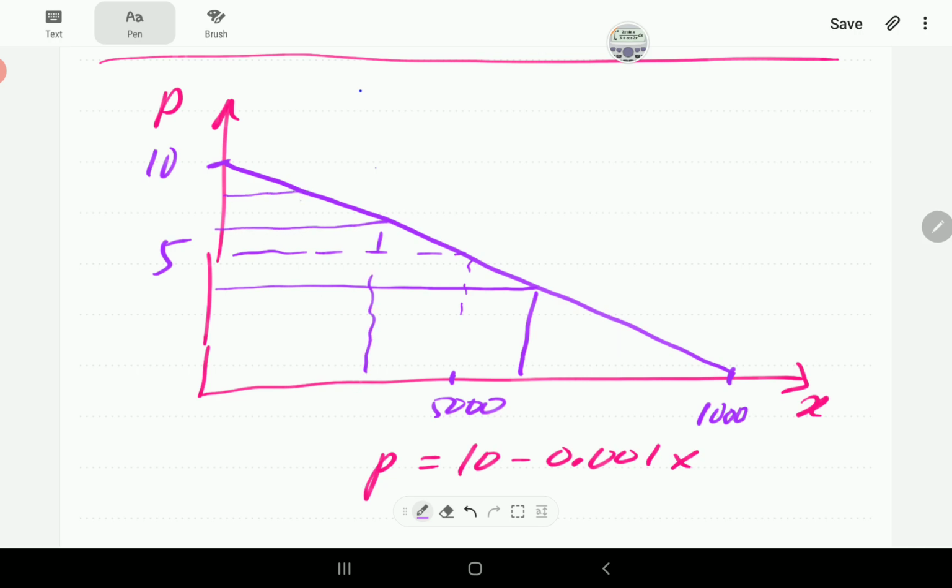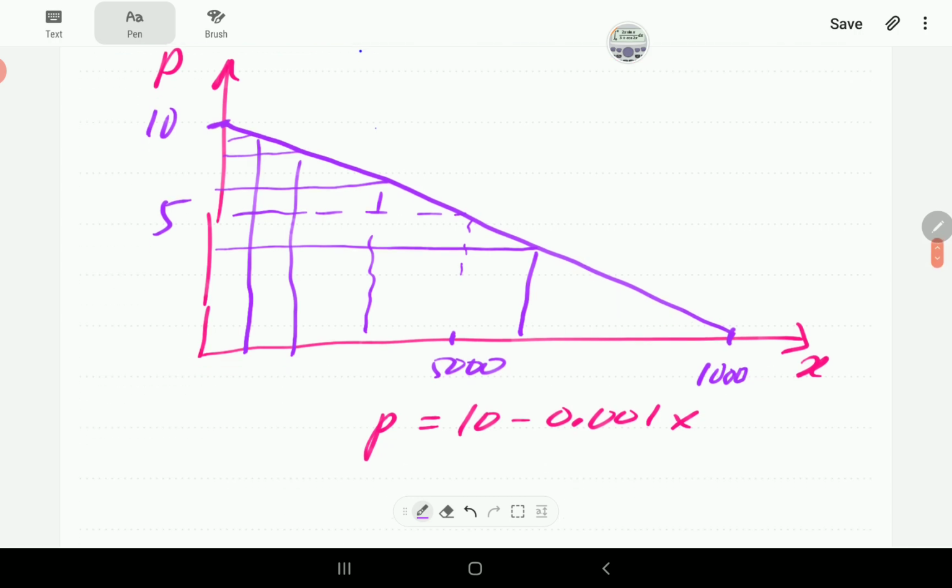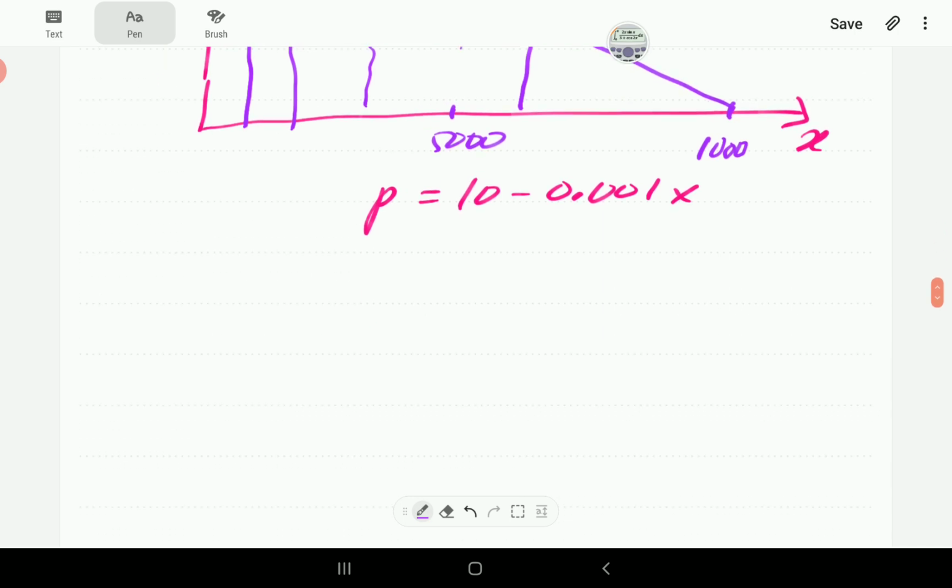Set the price at 8, less. At 9, less. The price is 10, no one is going to buy your product. And if the price is 0, if you give your product for free, then 10,000 people are going to have it, which means this is a market with 10,000 customers or something like that. So that's the price demand function.